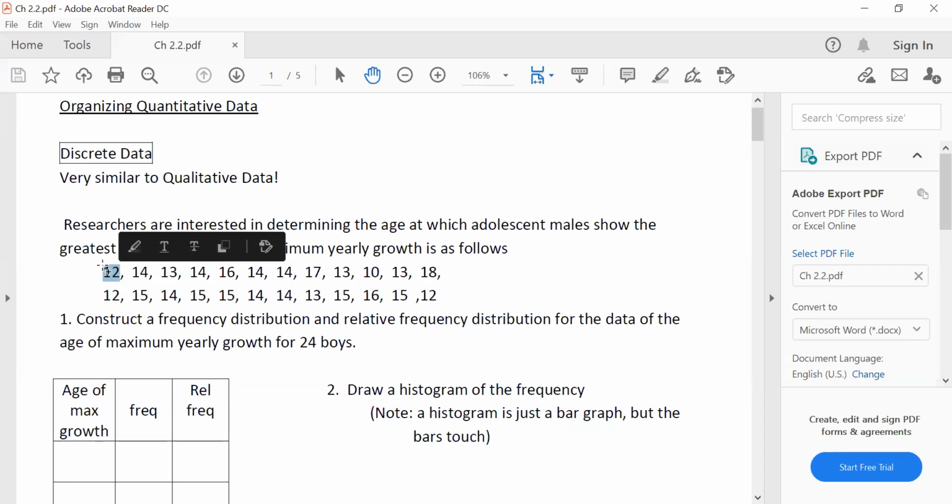This 12 represents the first boy that we got information for, and his greatest year of growth was when he was 12 years old. The next data point is 14, so the next person's greatest age of growth was 14, then 13, then 14, then the next person was 16. So this is the data itself.